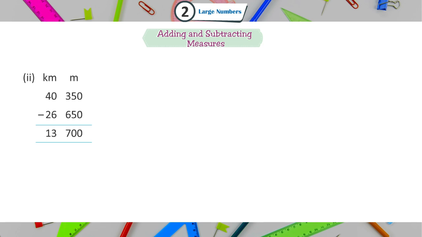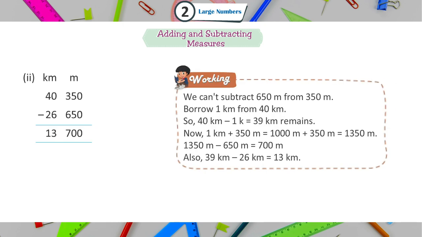2. 40 kilometers 350 meters minus 26 kilometers 650 meters is equal to 13 kilometers and 700 meters. Working: we can't subtract 650 meters from 350 meters. Borrow 1 kilometer from 40 kilometers. So 40 kilometers minus 1 kilometer leaves 39 kilometers.